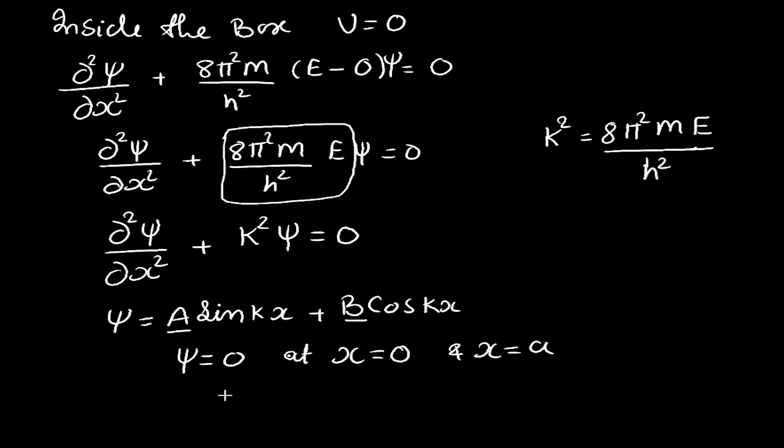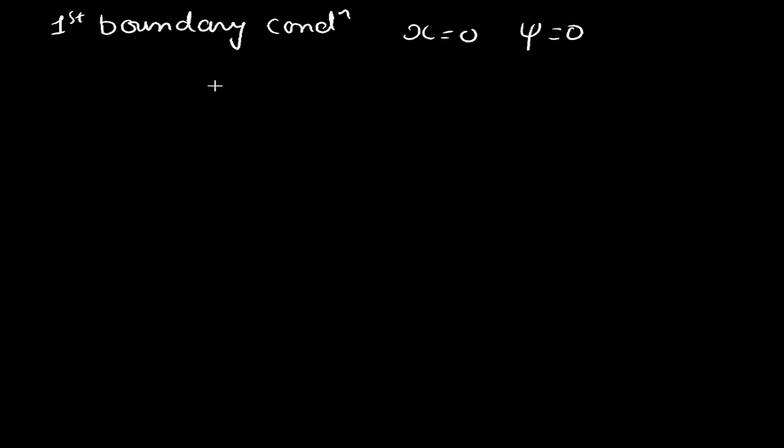So this is our first boundary condition: x is equal to 0, psi will be equal to 0, and hence we will have 0 is equal to a sin k into 0 plus b cos k into 0.